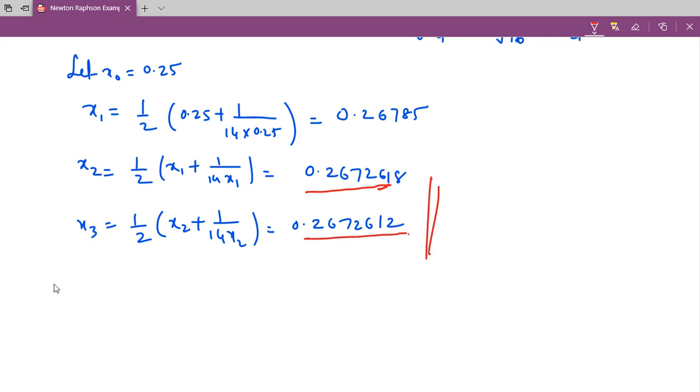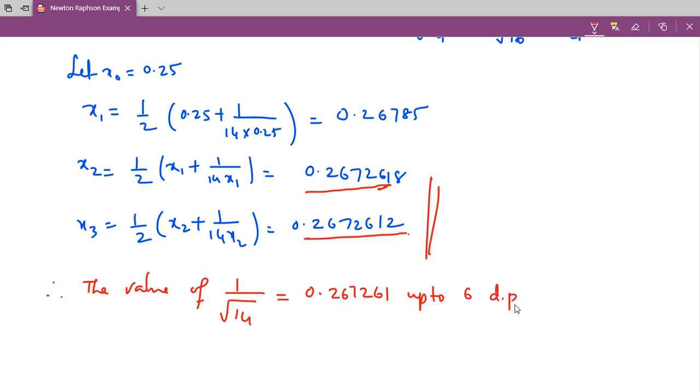Therefore the value of 1 by root 14 is 0.267261 up to 6 decimal places.